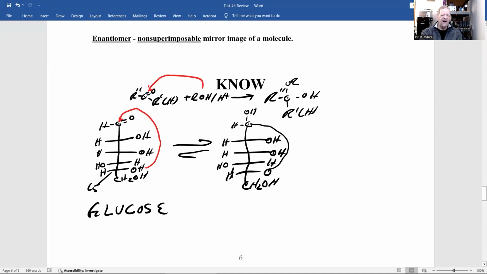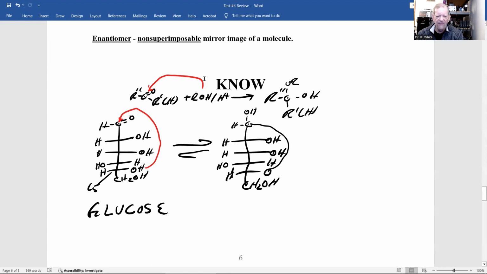Now, when it comes to working with carbohydrates or simple sugars, which are monosaccharides, a reaction you'll learn for test 2 is if I take an aldehyde or ketone and react it with an alcohol in the presence of acid, you get this hemiacetal or hemiketal.